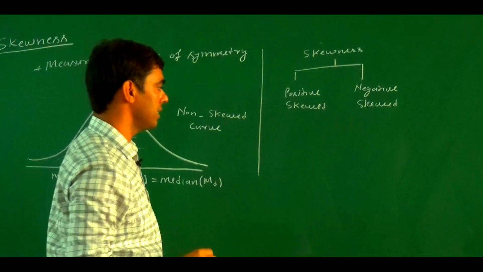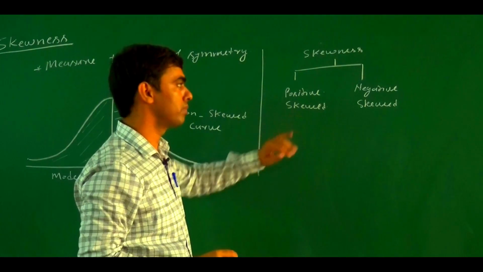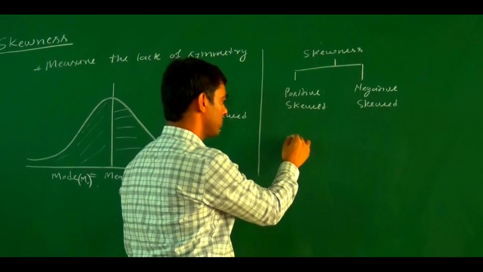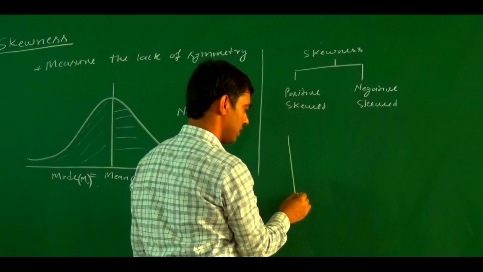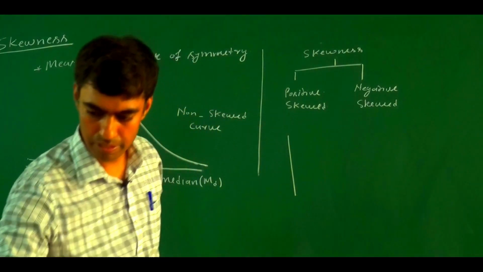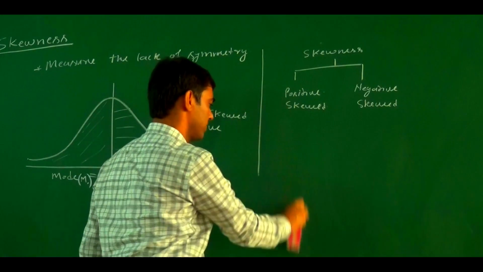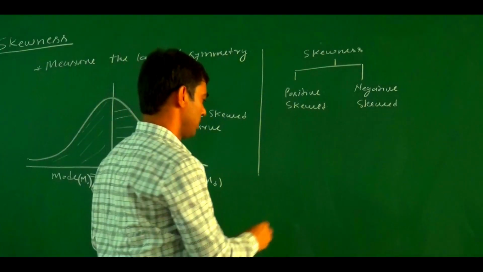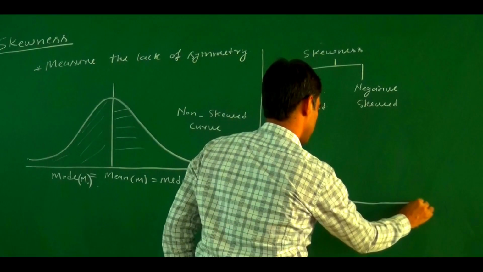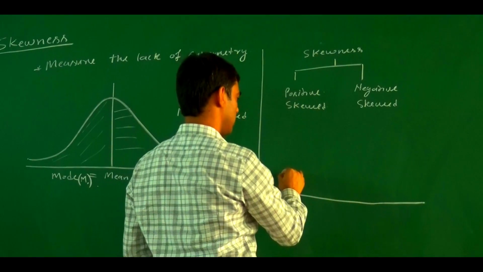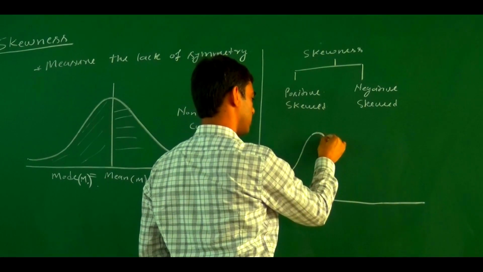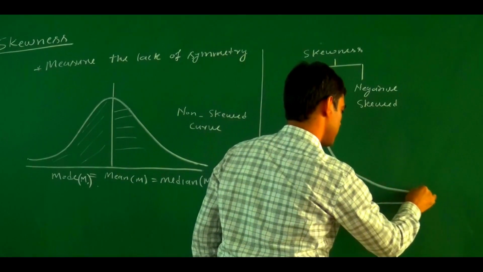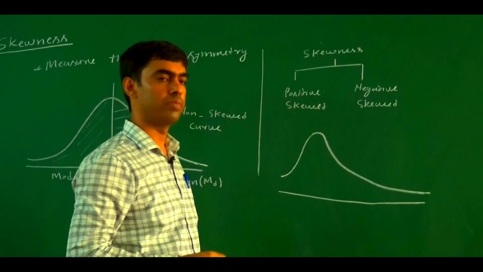So graphically, how do we represent the positive skewed curve and negative skewed curve? For a positively skewed curve, suppose we plot a curve like this, where the right tail is large.